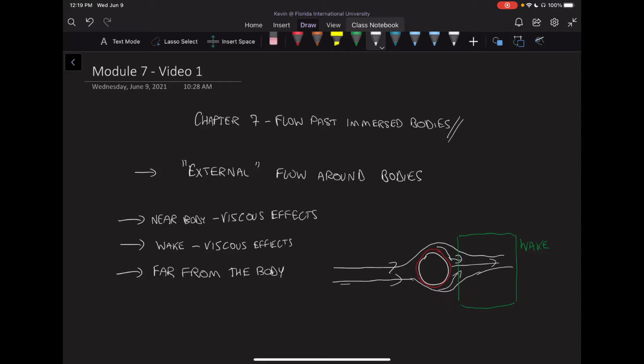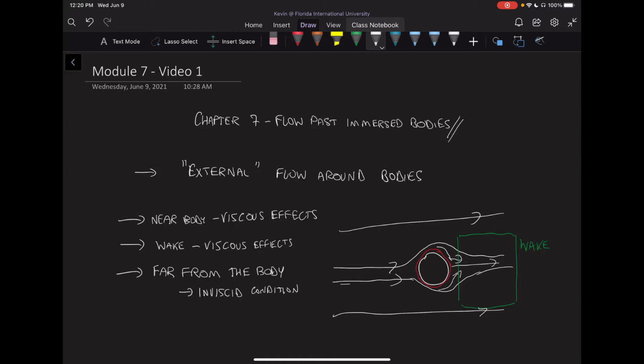Okay, now the flow far from the body, we're going to assume that since it's not in contact with the body and it's far away, so it would be somewhere here, for example, at the top or somewhere here at the bottom, this is going to be assumed to have an inviscid condition. So we're going to assume that this flow is actually inviscid.